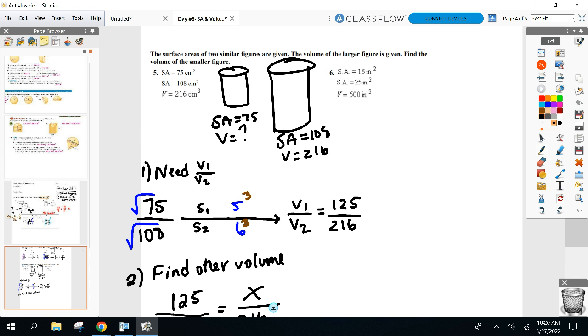You are on number 6 now. Try out number 6. Same question. So find the volume ratio first. Find V1 over V2 and then set up a proportion.